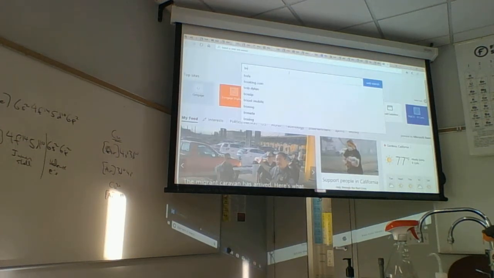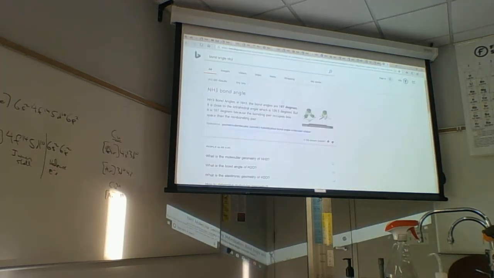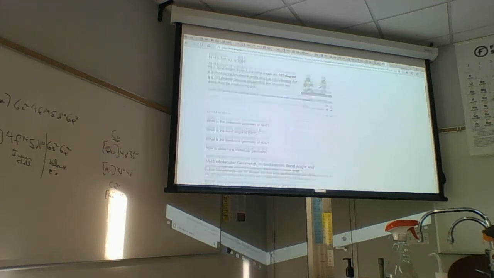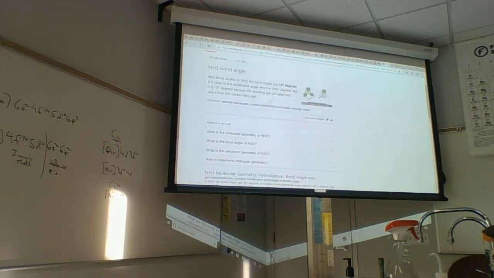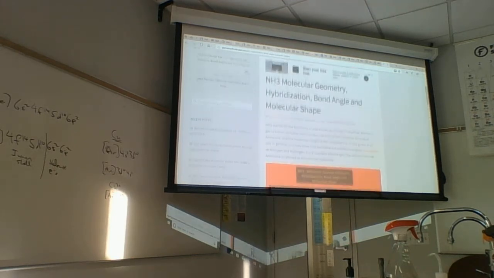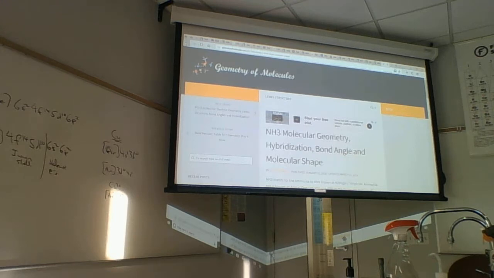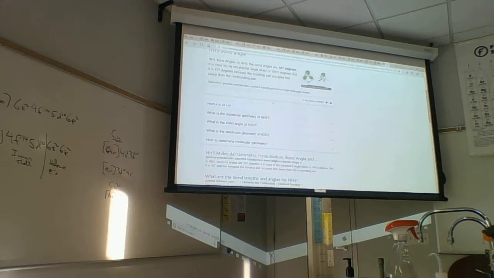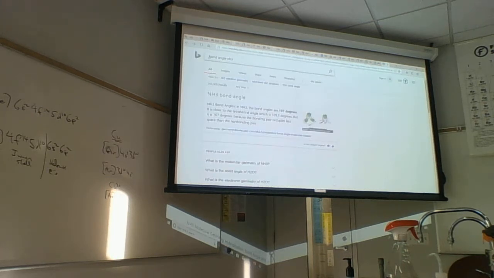And so let's take a look at this really quickly. Bond angle for NH3. What do they say here? They're saying 107. But I don't know if that's the guessing, like we're guessing, or is that the actual? I want the experimental. So this is probably, they're doing the exact same thing we're doing, guessing 107. And so let's look at the experimental bond angle, which is the real bond angle for it.